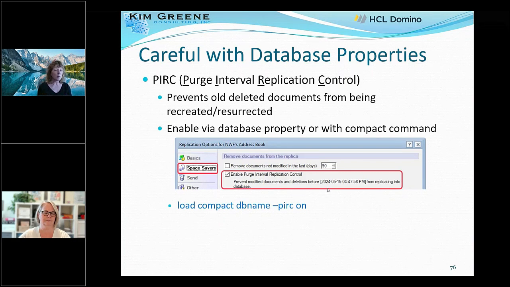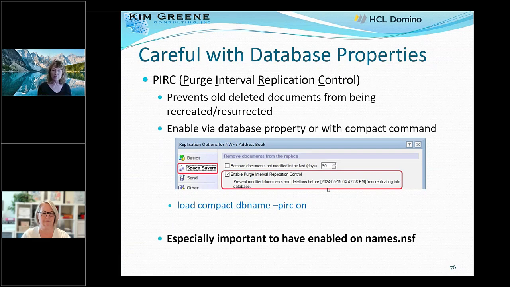And we've had a number of customers get bitten by this because they have everything set up and they have names.nsf perk enabled, and then they add a new server to their environment. They forget to perk enable their key databases like names or admin4, and then they have issues. So it's very important to make sure that you're setting this on all of the replicas on all of your servers where you need this enabled.